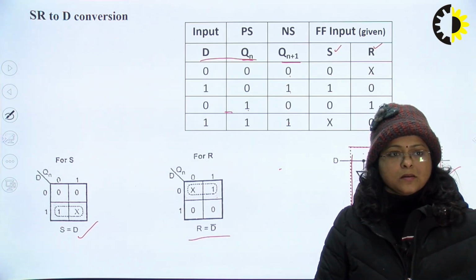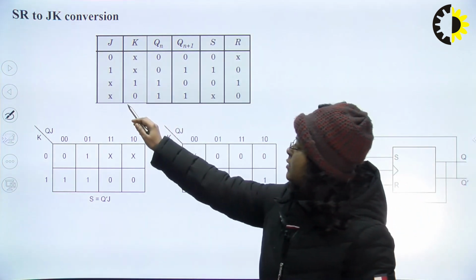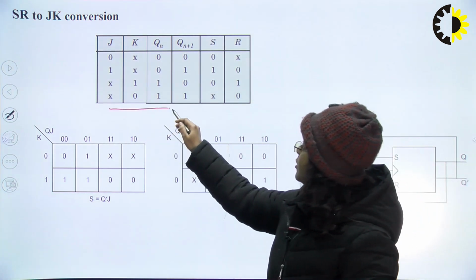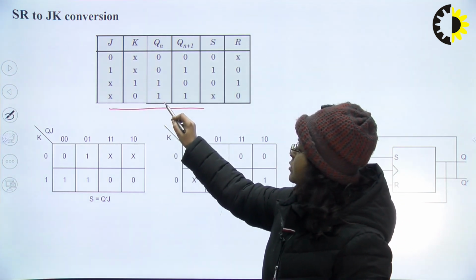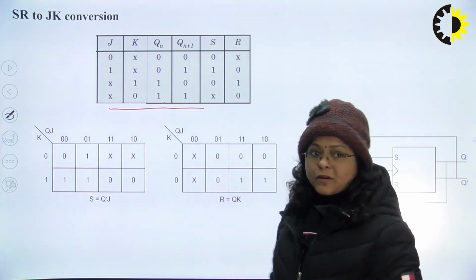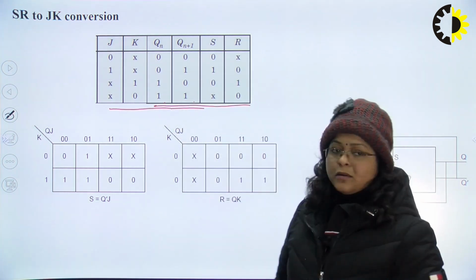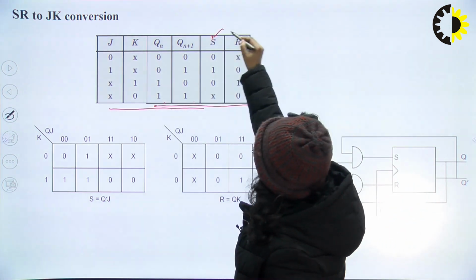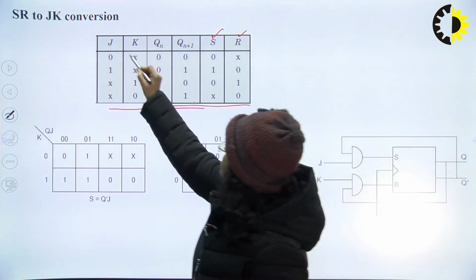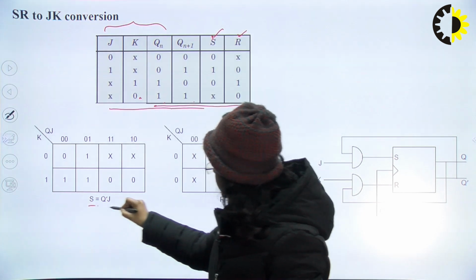Similarly, we can convert SR to JK by first forming the characteristic table of JK flip-flop. For input JK and present state Qn, the next state will be Qn plus 1. And then using Qn and Qn plus 1, we write the excitation table of SR flip-flop, solve the two K-maps of S and R based on JK Qn inputs, and find out the equations.